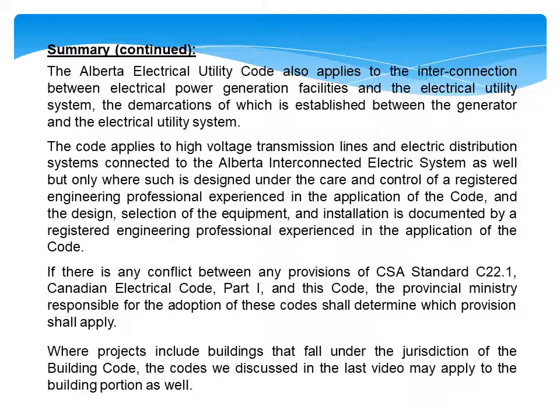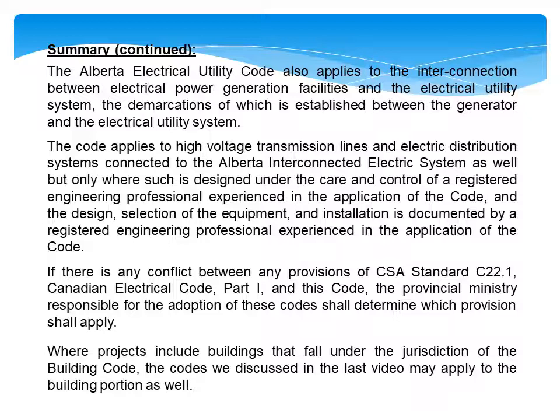The Alberta Electrical Utility Code is in its 5th edition. It was published in 2016 and was declared to be in force on May 1, 2017. It applies to construction, maintenance, and replacement of electrical utility systems that are used to transform, transmit, distribute, and deliver electricity to consumers' services, and street and roadway lighting. It does not generally apply to power plants and transmission lines.